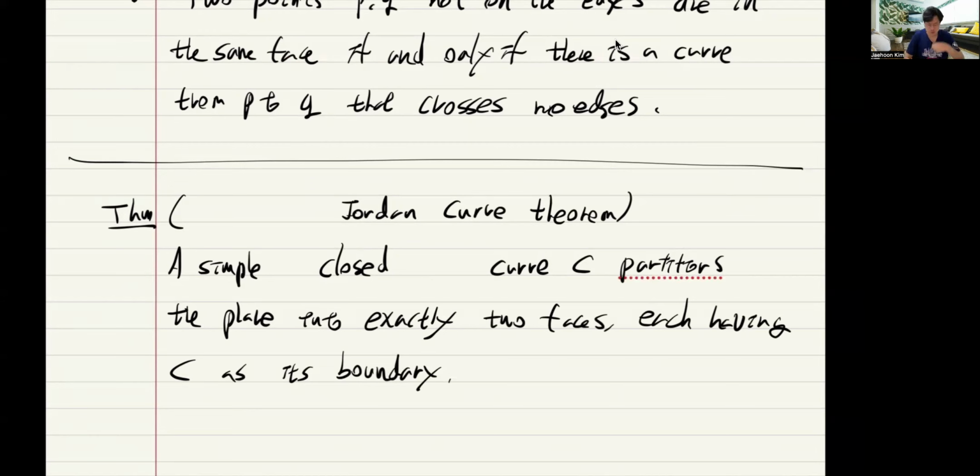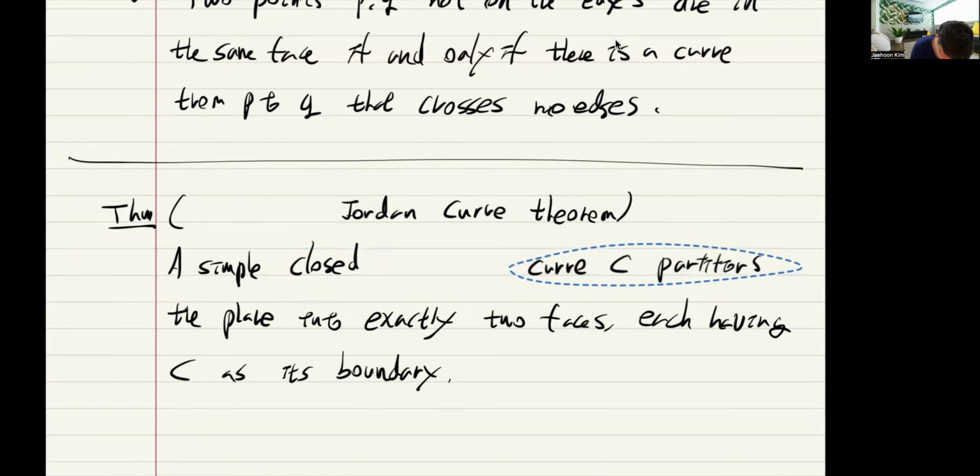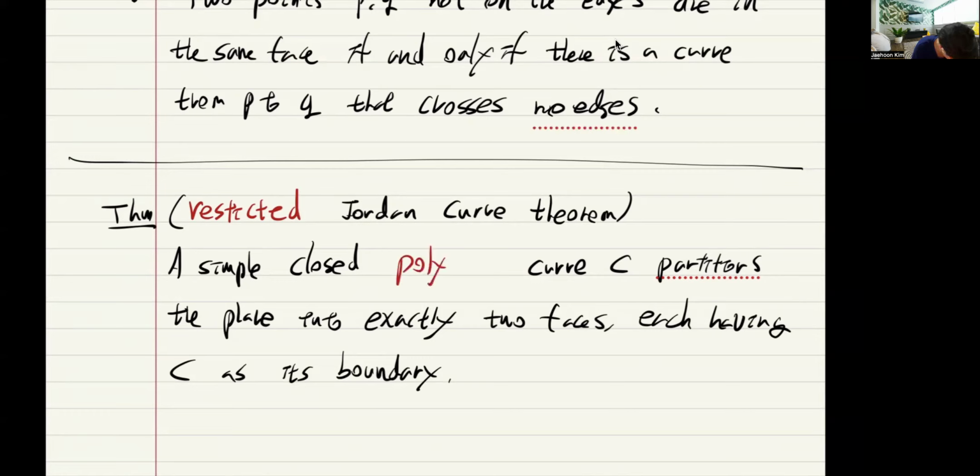Okay, this is the Jordan curve theorem, but we don't want to prove this as this is a combinatorics course, and we only prove the following restricted Jordan curve theorem with the additional assumption that this curve is a polygonal curve.